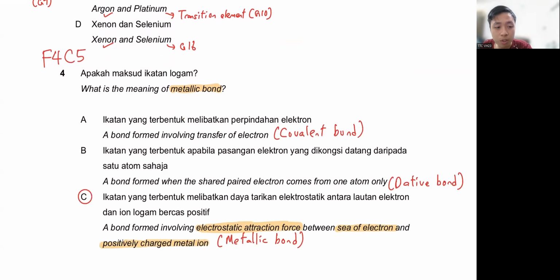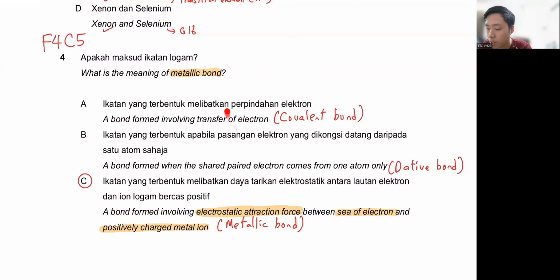Question 4 is from chapter 5. Metallic bond is C. Remember, it's a bond formed involving electrostatic attraction force between sea of electrons and positively charged metal ions.